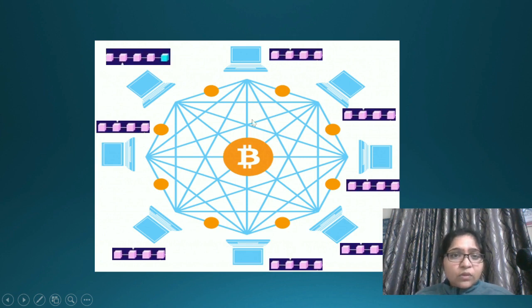Suppose this miner has mined a fifth block, and it needs to be added into the blockchain. But it is not available here, correct? So this miner needs to send information to all the miners in the network that another block has been mined.